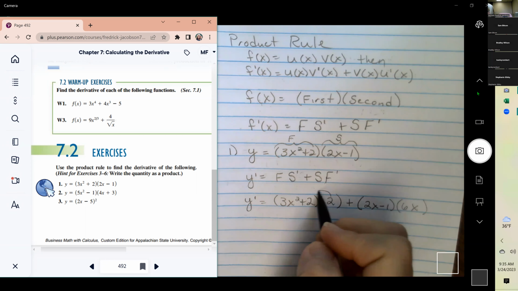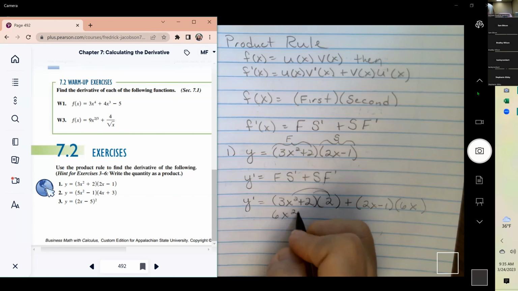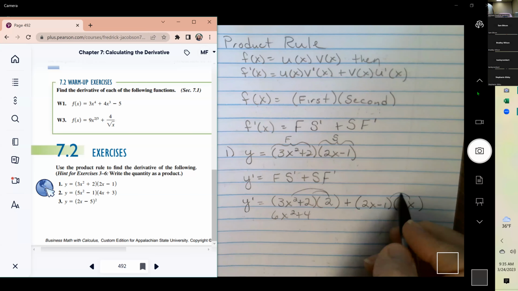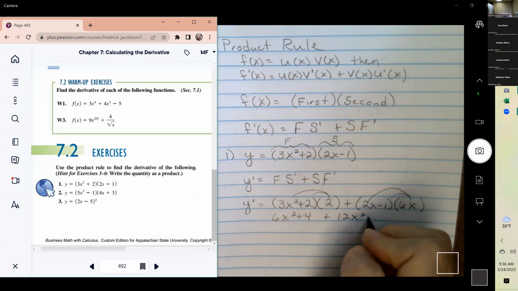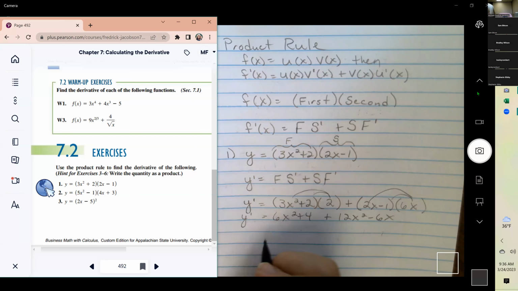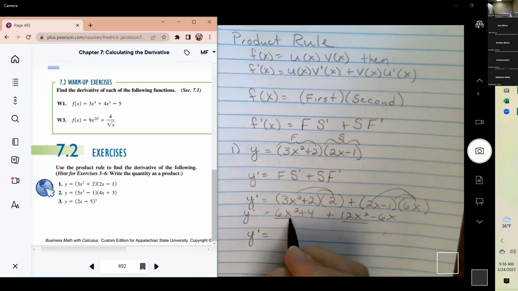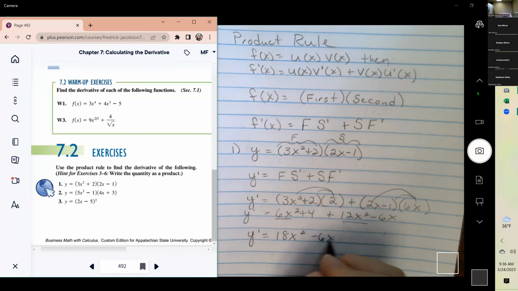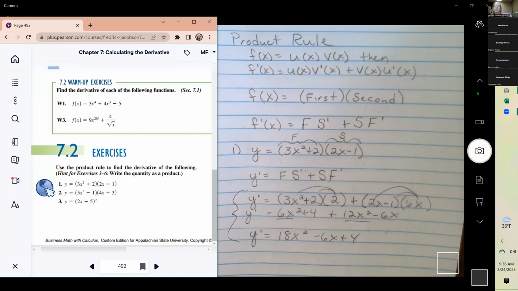But you would just distribute 6x squared plus 4, and then distribute this one, 12x squared minus 6x. And then combine like terms: 18x squared minus 6x plus 4. I would accept any one of those answers.